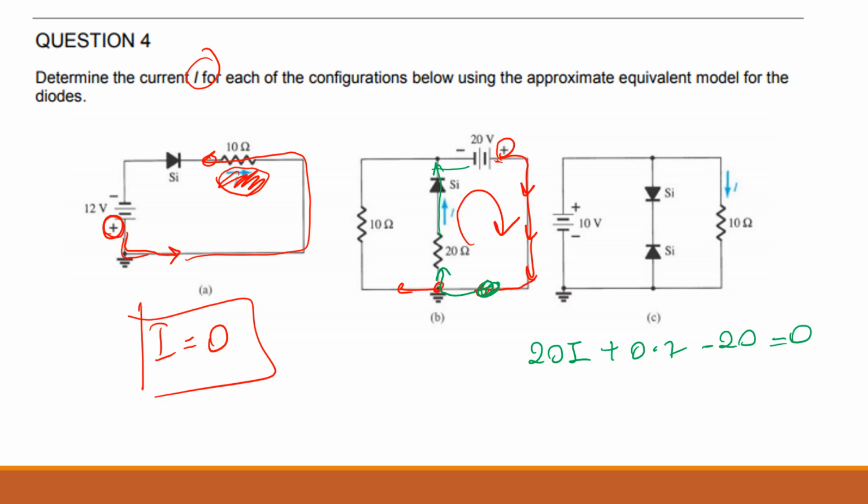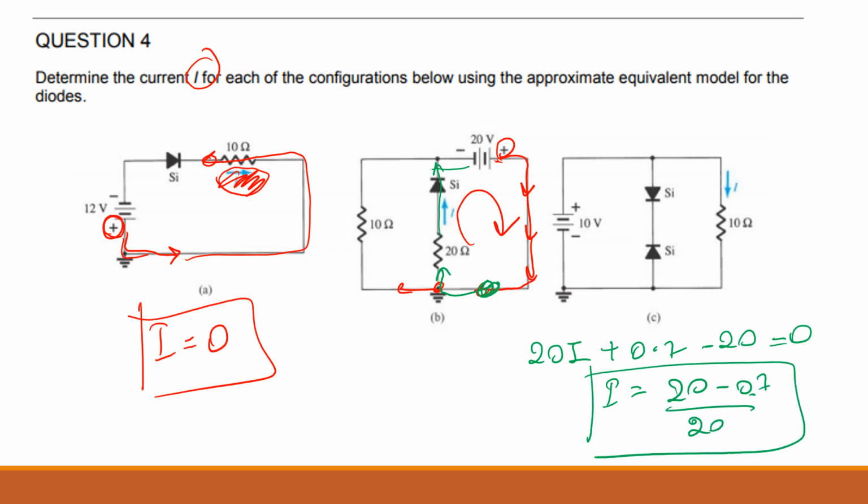So what will be the I in this case? 20 minus 0.7 divided by 20. Is that right? Any question? So they are not hard. The thing is, you need to understand what a diode is and how it works, isn't it?